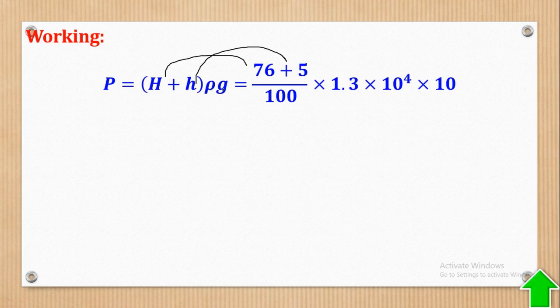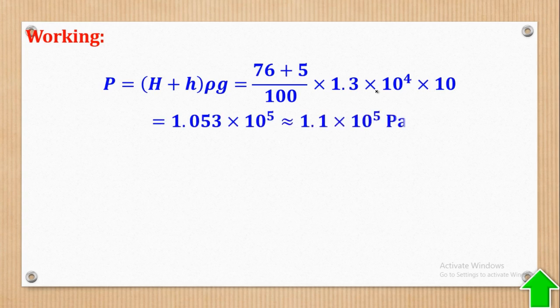Remember, because it's centimeters, we have to change to meters. That's why we divide by 100. Then density was given as 1.3 exponent 4, and g, acceleration due to gravity, is under the constants, 10 meters per second squared. When I use a calculator, I come up with 1.053 exponent 5, but because they want the answer to 1 decimal point, I round off to come up with 1.1 exponent 5 pascals.